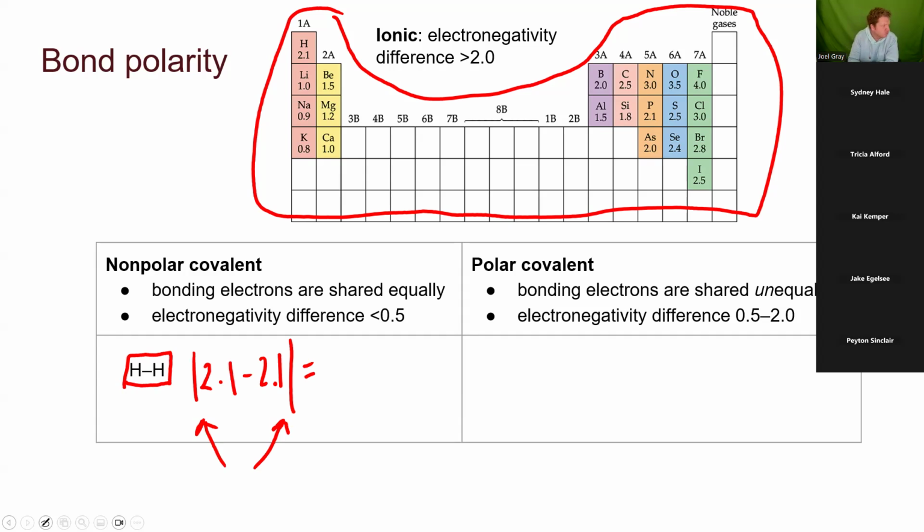So let's change that up and say 3.1 minus 5.0. If I did that, I would come up with negative 1.9. But if I instead write 3.1 minus 5.0 and put the absolute value barriers there, what's my answer?